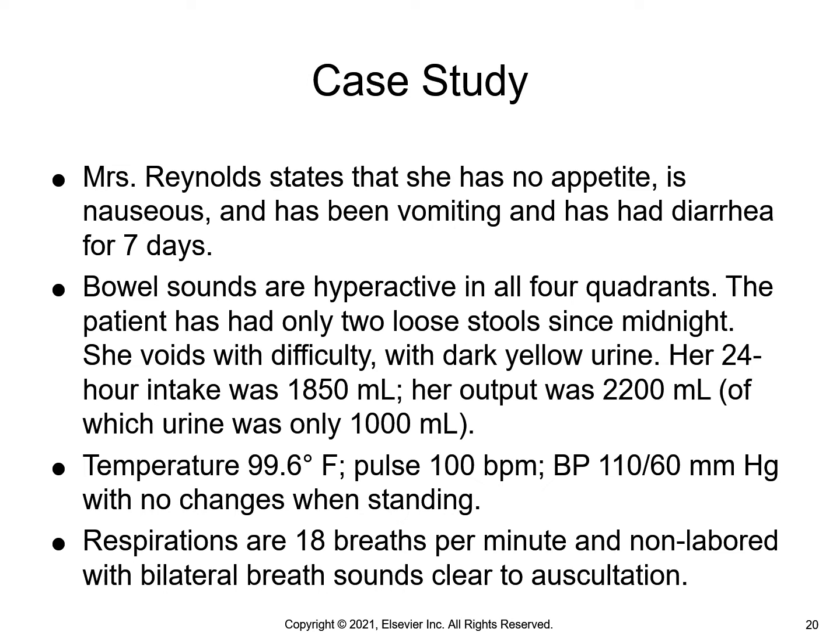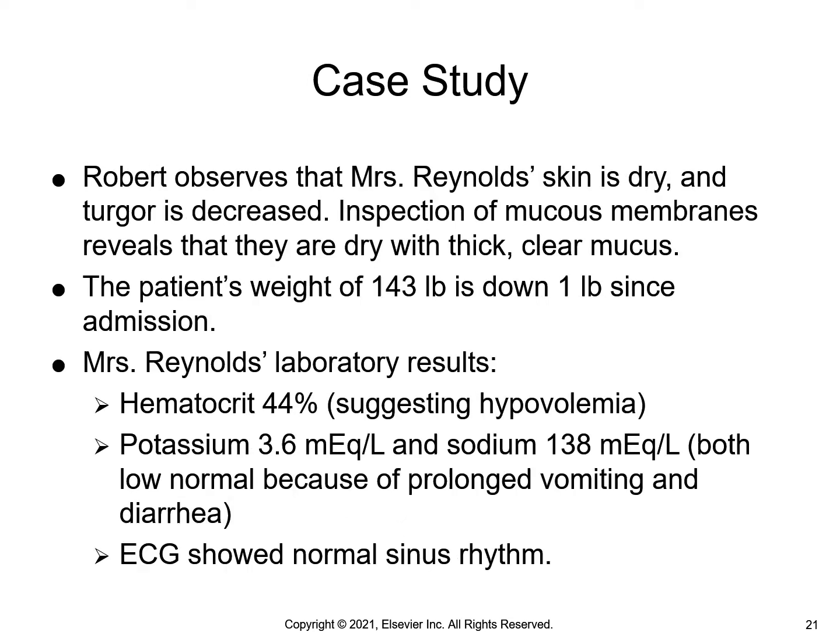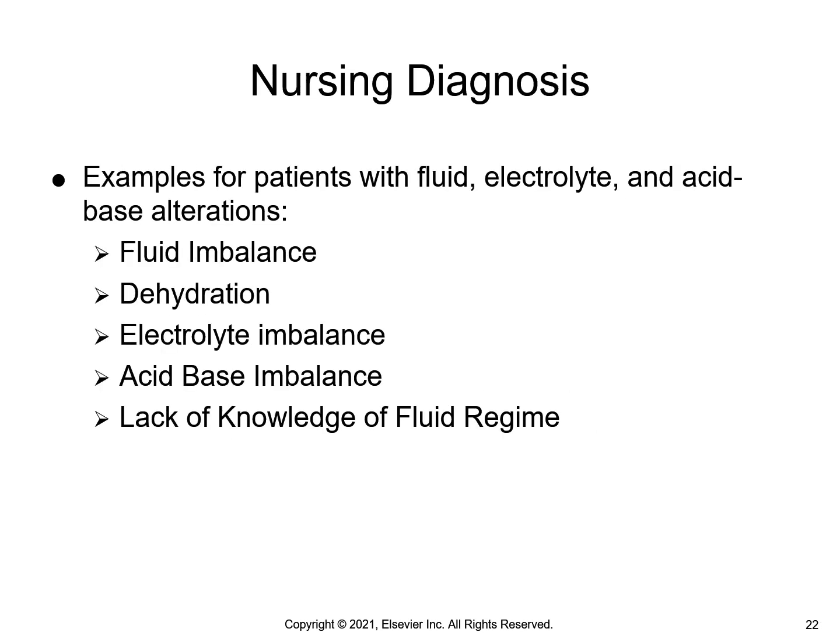This is the case study assessment of the patient. Knowing all of this data, what nursing diagnosis should be chosen? Think about the nursing diagnosis: dehydration related to loss of gastrointestinal fluids by vomiting.